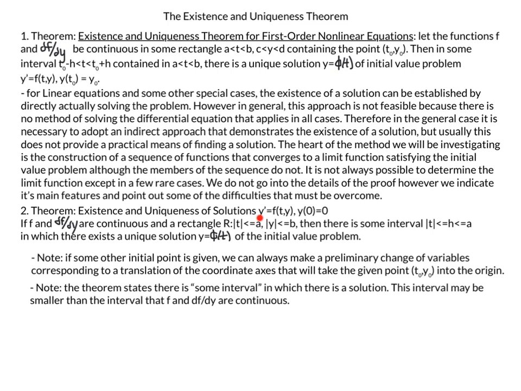So again, the simplification is we set the initial value, and if f and df dy are continuous, then there's some interval where this differential equation will have solutions and they will be unique.